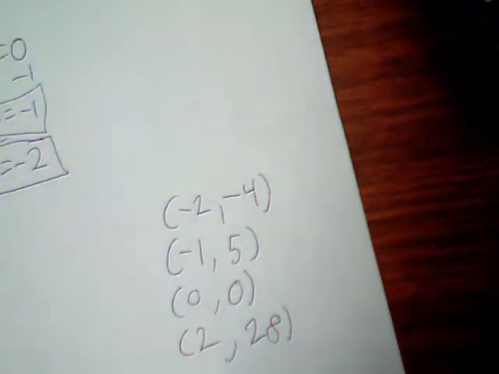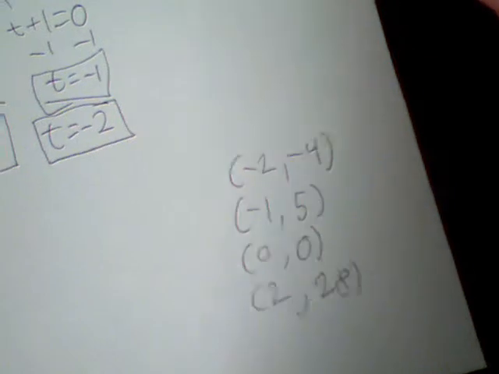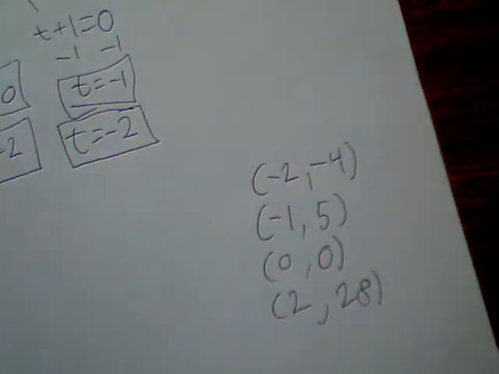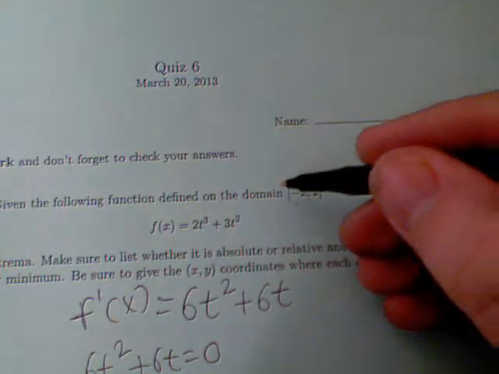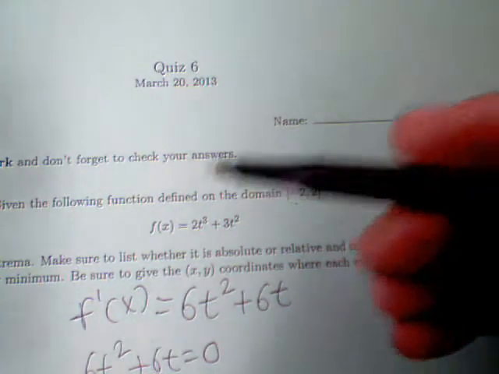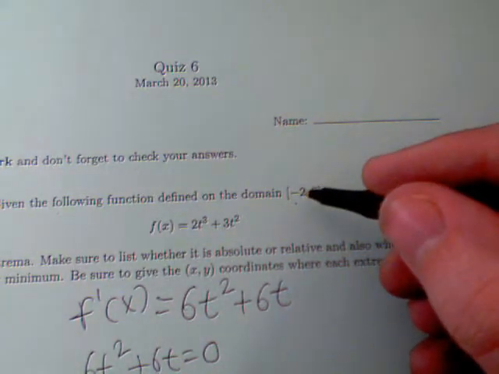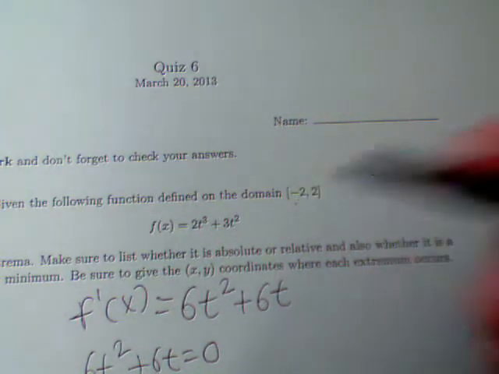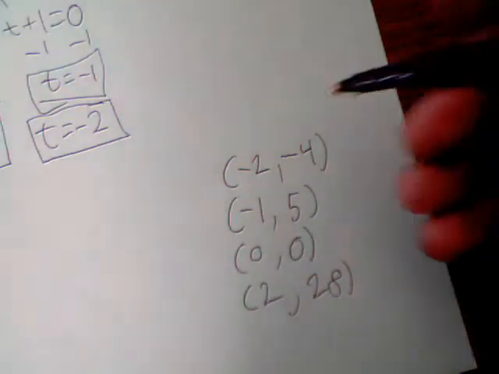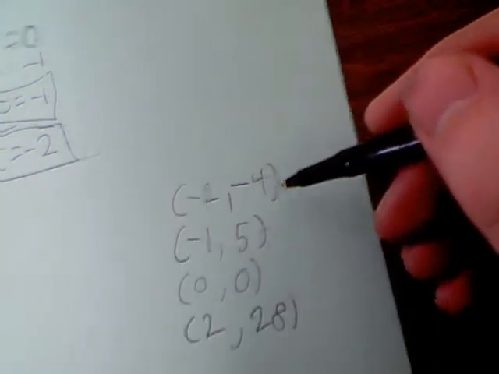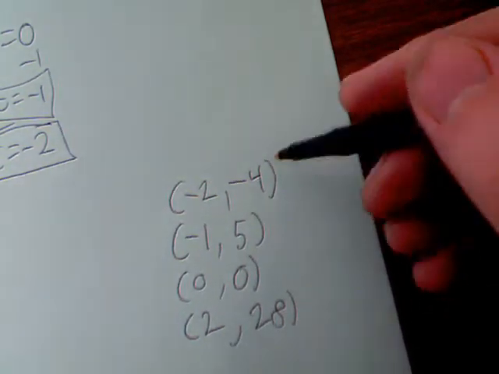So next question is, which of these are maximums, which ones are minimums, where's your absolute, where's your relative? Well, we have the extreme value theorem, which tells us that if we have a closed domain, which is exactly what we have, and we've got a continuous function, it's a nice polynomial, then we're going to achieve our absolute max and absolute minimum, and those points will actually be our largest and smallest numbers in here, smallest being most negative.